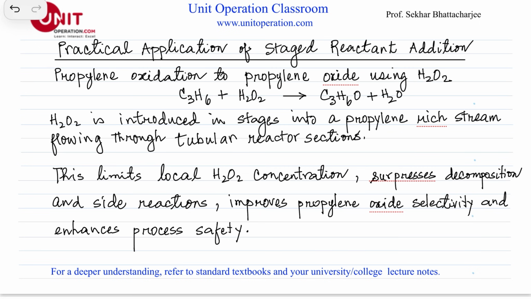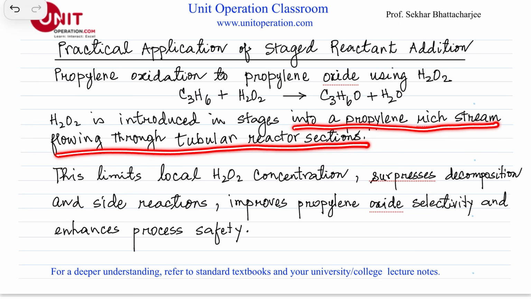Let's look at the practical application of this staged reactant addition to a PFR. What's the practical application? Let's say propylene oxidation to propylene oxide using hydrogen peroxide. This is a familiar reaction. Hydrogen peroxide is introduced in stages, at different points, into a propylene-rich stream flowing through tubular reactor sections.